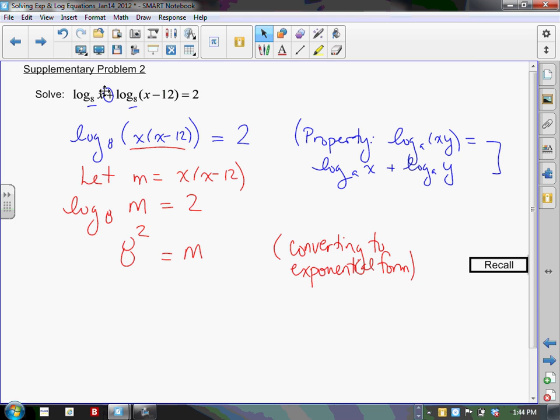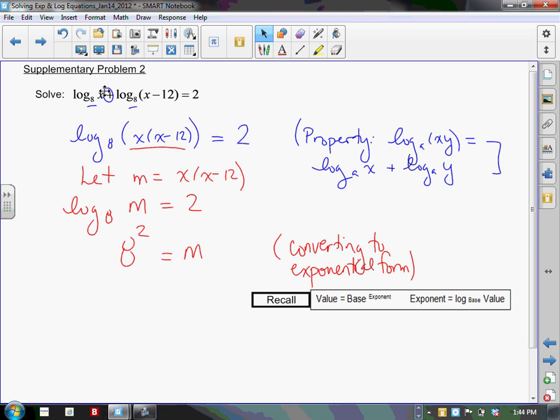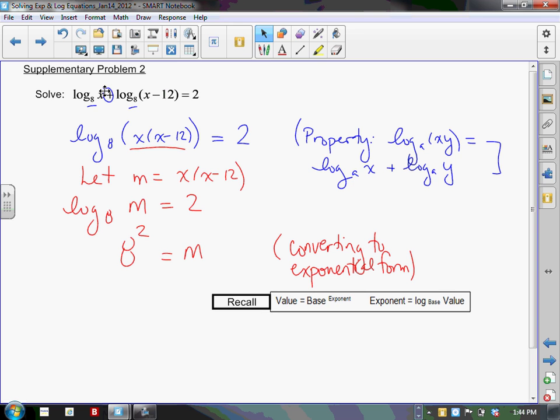Okay, also, just for you to recall, we'll bring this out here. This sort of describes the difference between going from value to base to the exponent, and then from the exponent as being equal to the log of the value to a particular base.